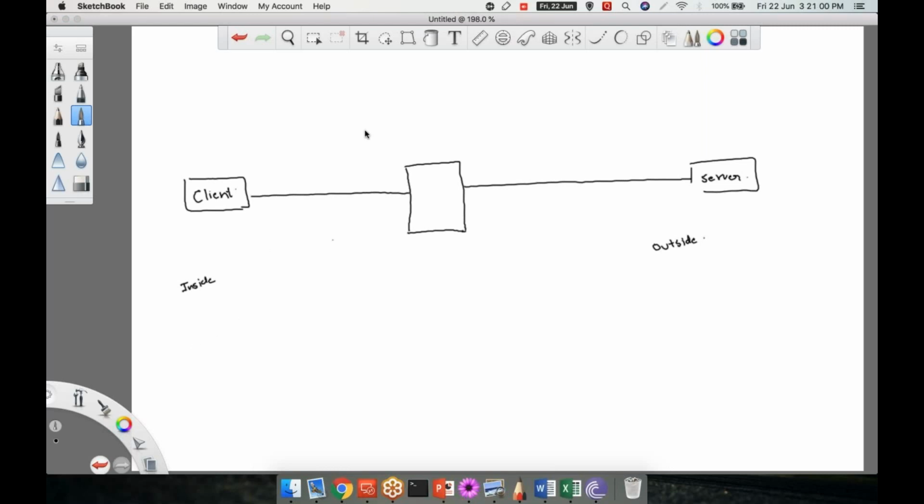As I said from the start, inside has security level 100, and outside has security level 0. Traffic from a high security level to a low security level is always allowed, but traffic coming from a low security level to a high security level is always denied.